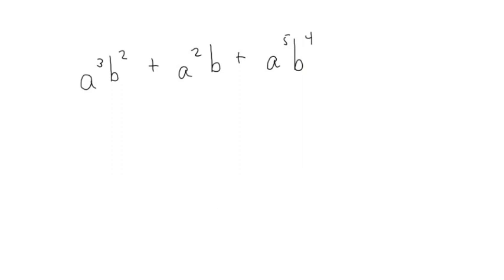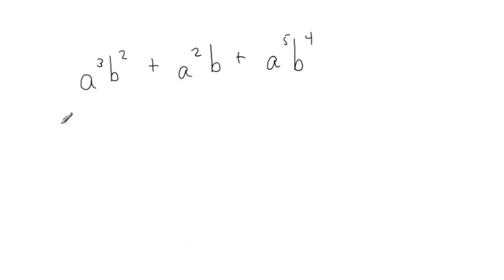Let's consider the variables. There's an a in the first term, an a in the second term, and an a in the third term. So we will be able to factor out at least one factor of a. Similarly, there are b's in all 3 terms. So we'll be able to factor out at least one factor of a and at least one factor of b.